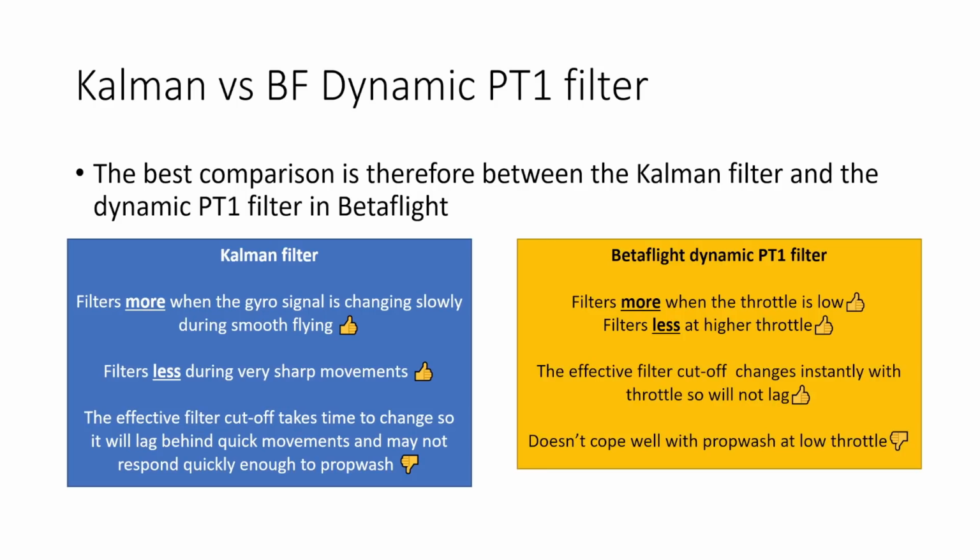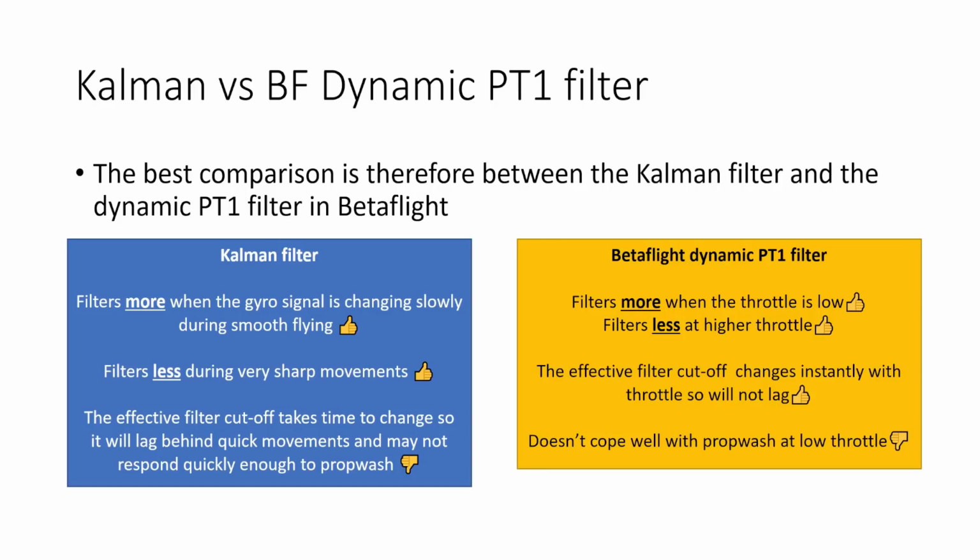However, when you're flying very smoothly, the prediction of the Kalman filter is likely to be more accurate, and so it's going to rely more heavily on that prediction and is going to ignore whatever noise is on the gyro.